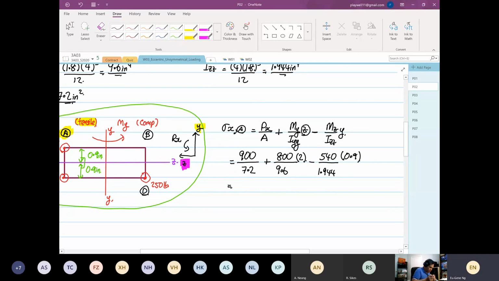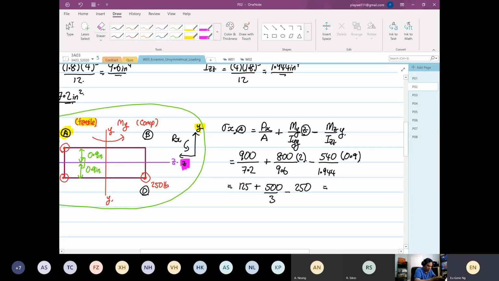So once you get this, 900 divided by 7.2 is equal to 125, plus 800 times 2 divided by 9.6. So it's equal to 500 over 3, minus 540 over 1.944 times 0.9, which is 250.